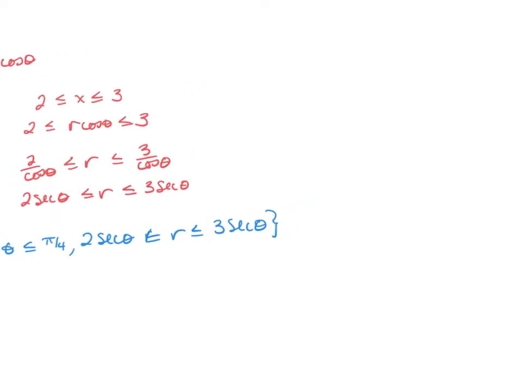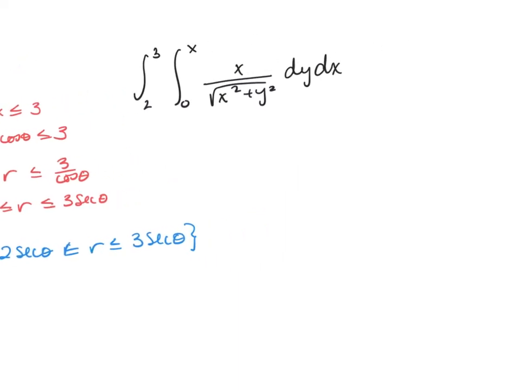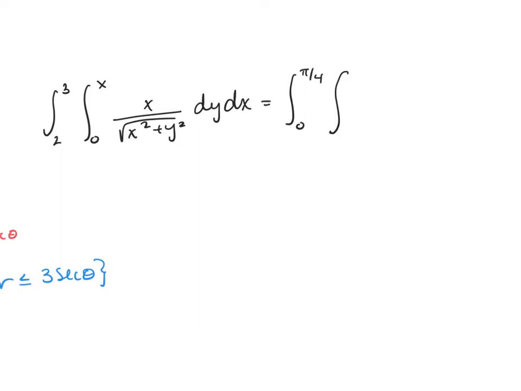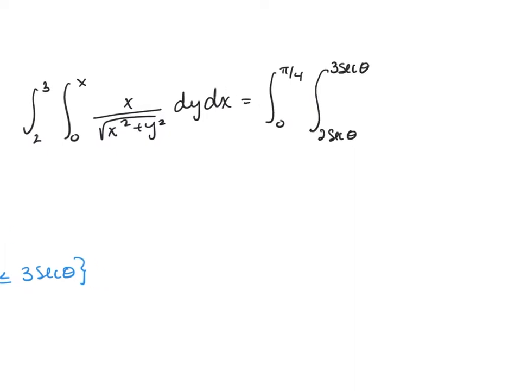Now let's go ahead and set up the integration. So my integration, which started from 2 to 3, 0 to x, of x over the square root of x squared plus y squared dy dx, is going to be equal to, from 0 to pi over 4, and from 2 secant theta to 3 secant theta.